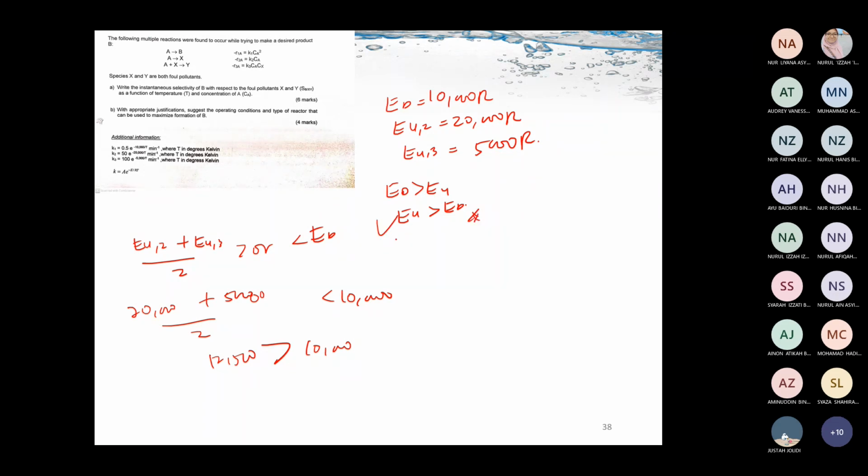Okay, so you kena analyse lah, adakah perlu run dekat low temperature, adakah run at the high temperature. Okay, so kalau ini of course dia kena run at low temperature. Okay, sebab nak dapatkan selectivity highest dekat B. Okay, faham semua?